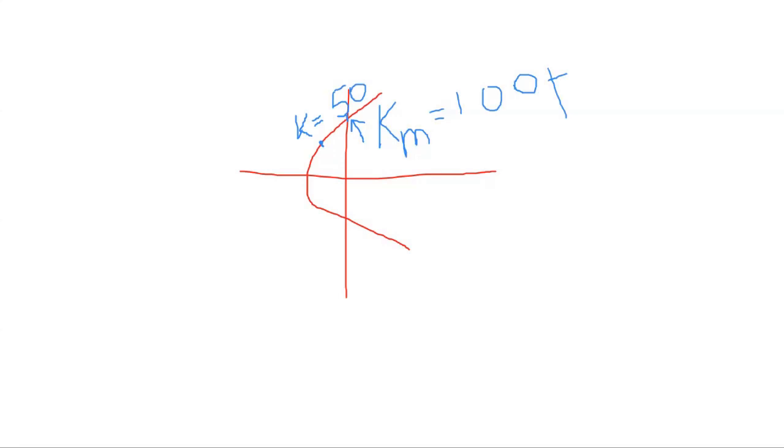Till K equal to 100, the system is still stable. So there is a margin of K equal to 50 that can still be added to the system. The system will remain stable, or we are pushing the system towards instability by adding some margin to it. Exactly, this is the definition of gain margin.